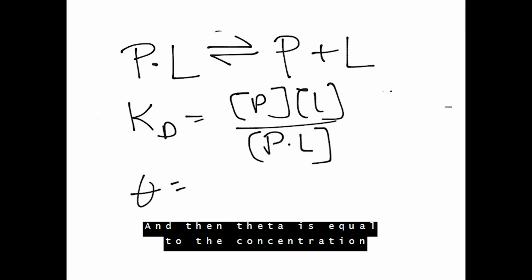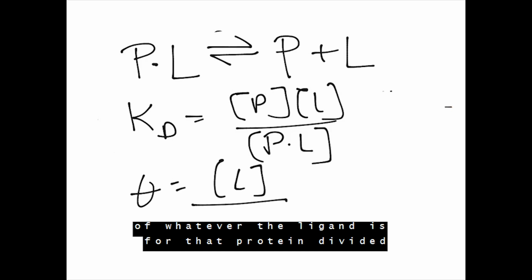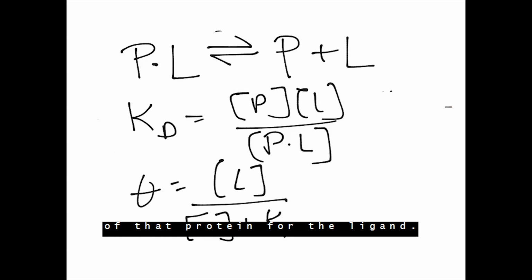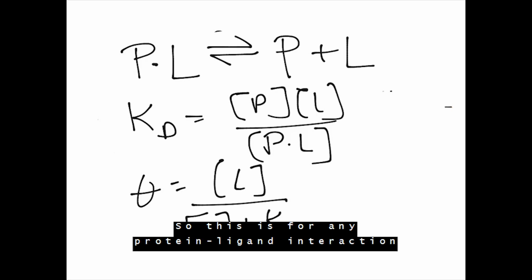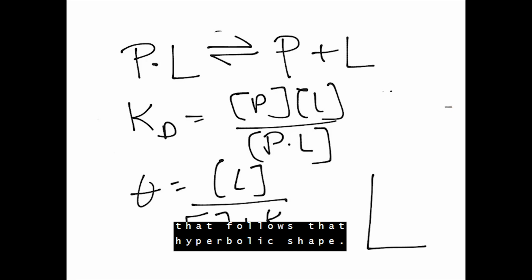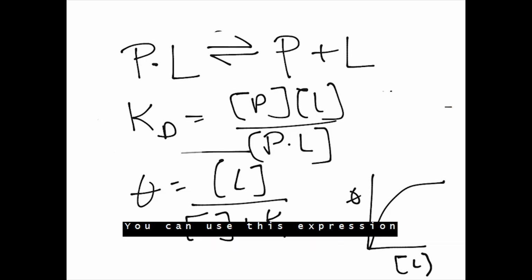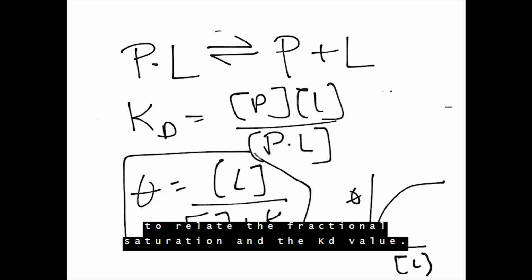And then theta is equal to the concentration of whatever the ligand is for that protein divided by the concentration of ligand plus the KD of that protein for the ligand. So this is for any protein-ligand interaction that follows that hyperbolic shape. This is the concentration of ligand and this is theta. You can use this expression to relate the fractional saturation and the KD value.